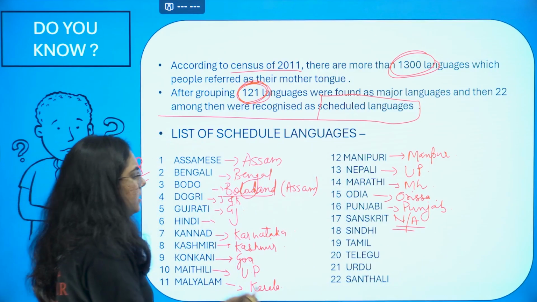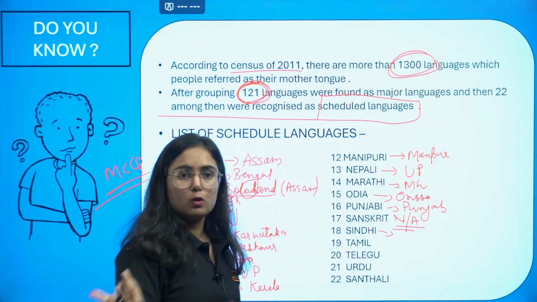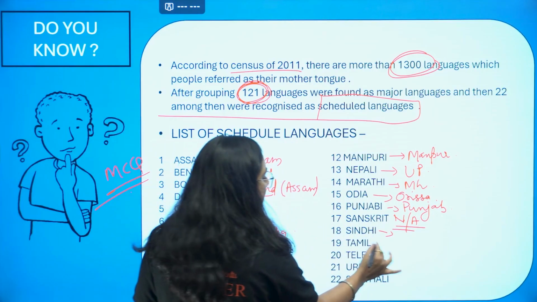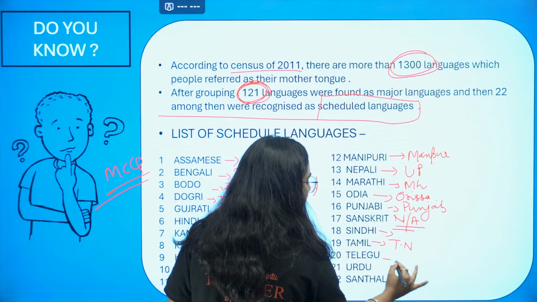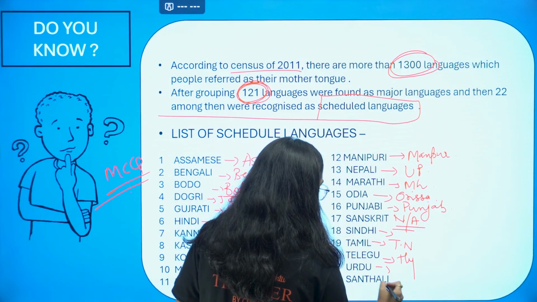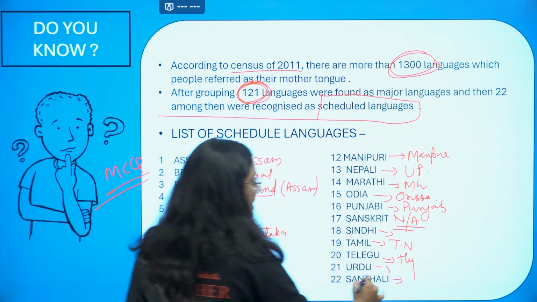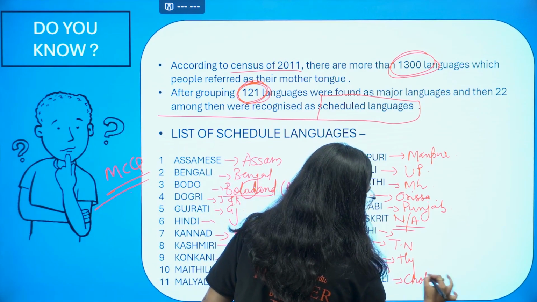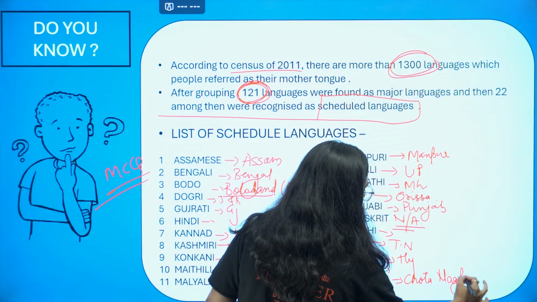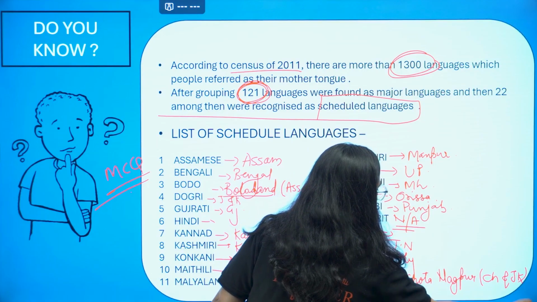Rather, it is just learned. Sindhi people are widespread throughout India, so they speak that. Tamil, we know it's Tamil Nadu. Telugu, we know it's in Hyderabad. Urdu, widespread. Santhali. Now, where is Santhal? Basically, it is in the Chota Nagpur belt, Chota Nagpur plateau, including Chhattisgarh and Jharkhand.